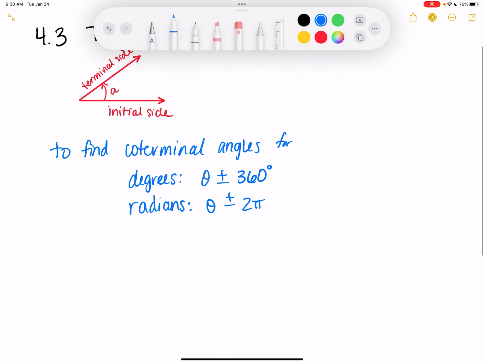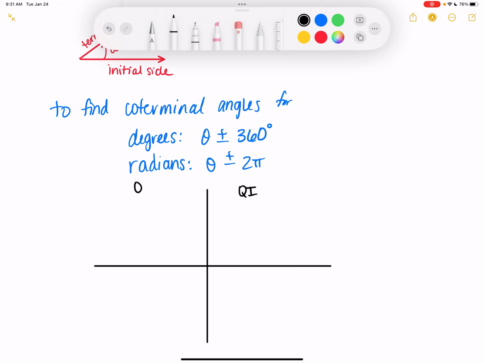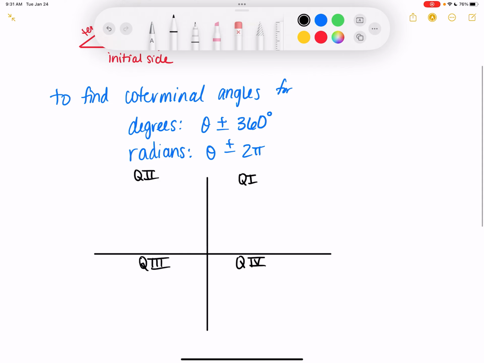So then I'm going to draw a coordinate plane here, make it big enough to write in. So I'm going to have quadrant 1, quadrant 2, quadrant 3, and quadrant 4. And then in there, I'm just going to write the signs of sine, cosine, and tangent. In quadrant 1, everything is positive.